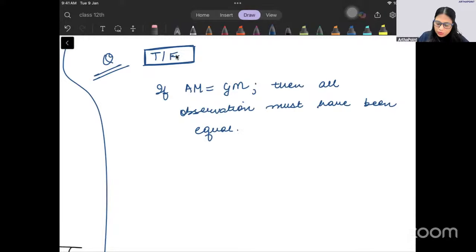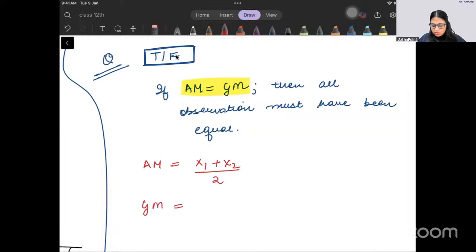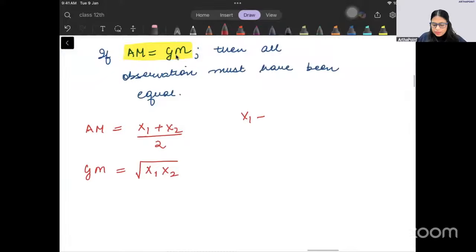So we will look for a two observation data set. So if there are just two observations, AM will be what, beta? X1 plus X2 by 2. And GM will be what? X1 into X2 under root. So I am saying X1 plus X2 by 2 is equal to X1 into X2 under root.